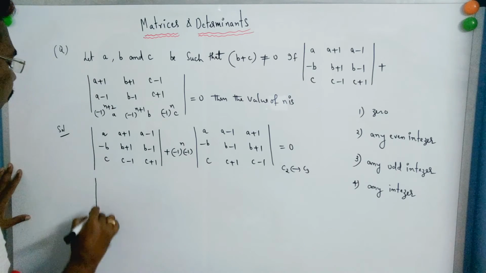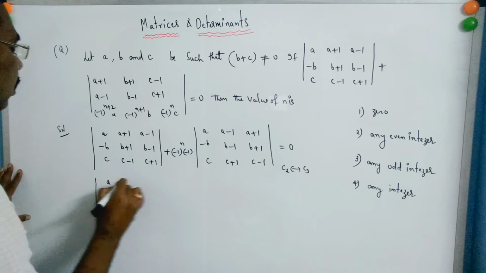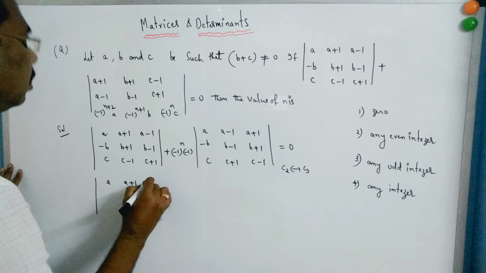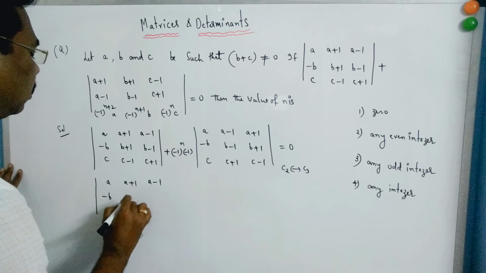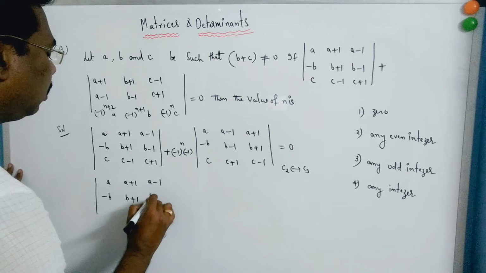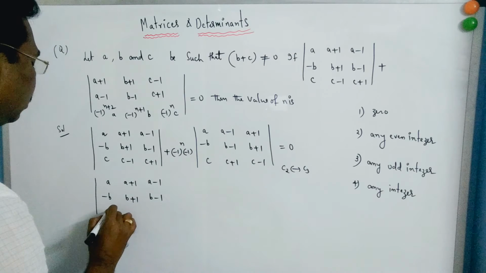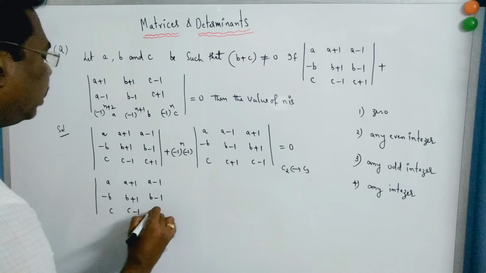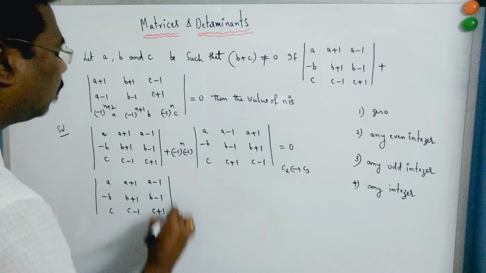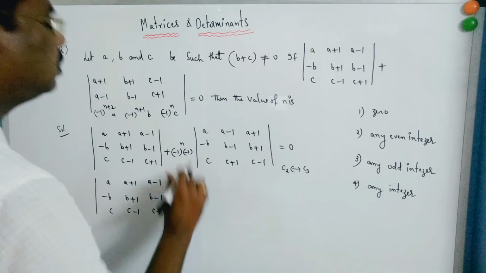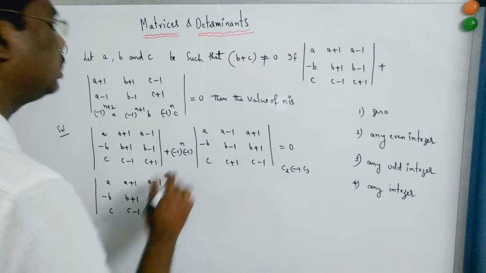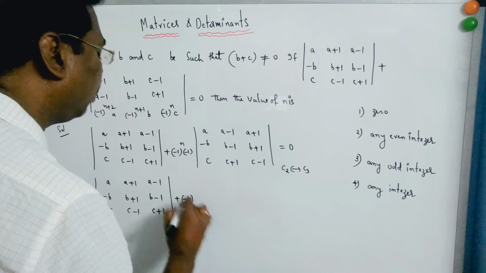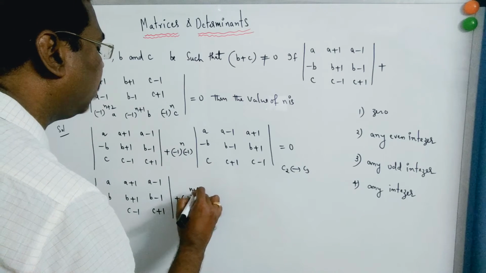Okay, det of A plus 1, A minus 1, minus B plus 1, B minus 1, C minus 1, C plus 1, plus, now again C2 and C3 minus is there, minus 1 whole square means minus 1 power n plus 2.